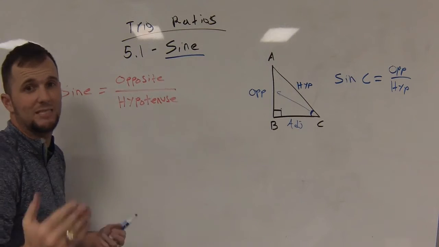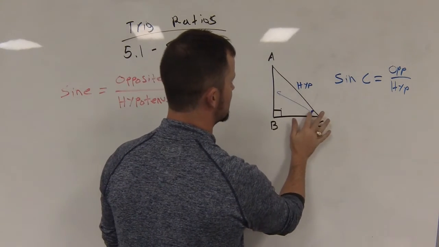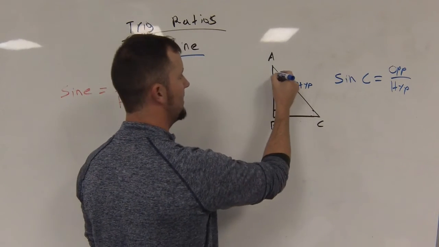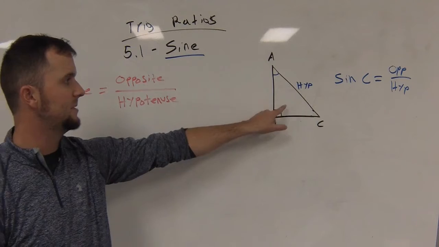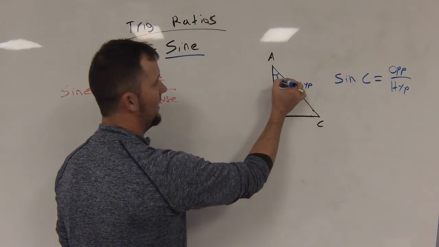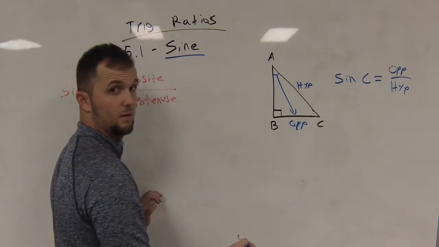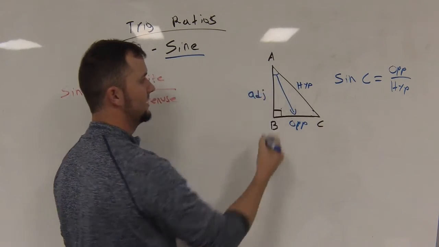I could actually do the same thing going from angle A. So if I erased this, and let's say hypothetically we knew the measurement of angle A. The hypotenuse is never going to change. It's always going to be opposite of the right angle. So going from angle A, this would be the opposite side, and then the other side that's missing would become the adjacent side.